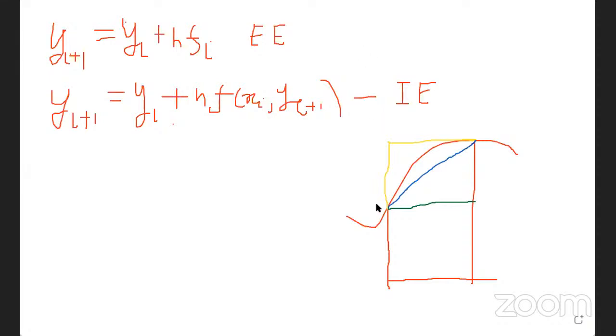So what is the area of the trapezium? This is the trapezium, and this height is f i, and this bigger height is f i plus 1, and the distance between the two parallel sides is h. Then what will be the area of the trapezium?